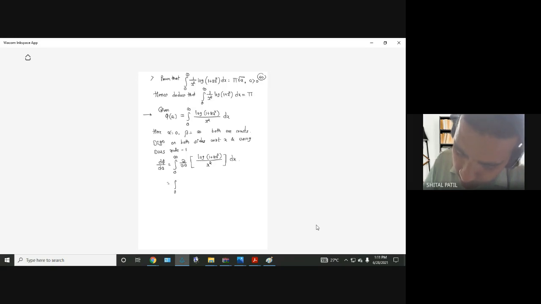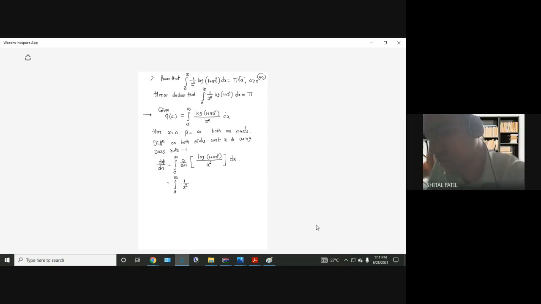So 0 to infinity as it is. 1 upon x square is constant, x is constant, so 1 upon x square is constant. But the log term contains a, so we have to differentiate that. So what is the derivative? 1 upon 1 plus a x square, into now the derivative of 1 plus a x square, using the derivative of a composite function.